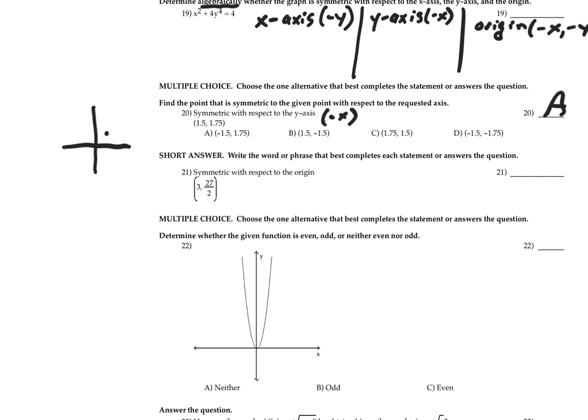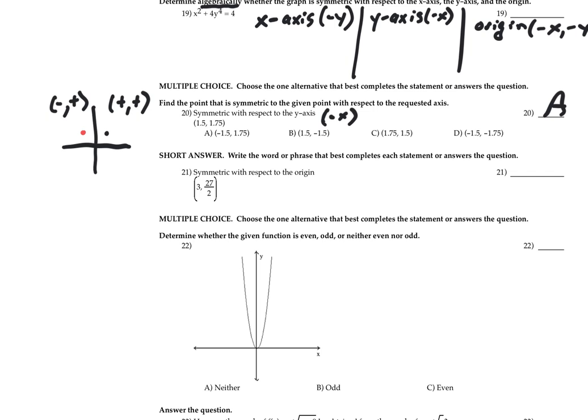And just remember, this one's positive, positive. And so when I flip it over here, my answer has to have a negative and then a positive. And there's only one answer that has a negative and a positive, which is A. So it's just a visual more than anything. When I flip over the y-axis, my point is going to land in this quadrant. And that's the point I'm looking for.